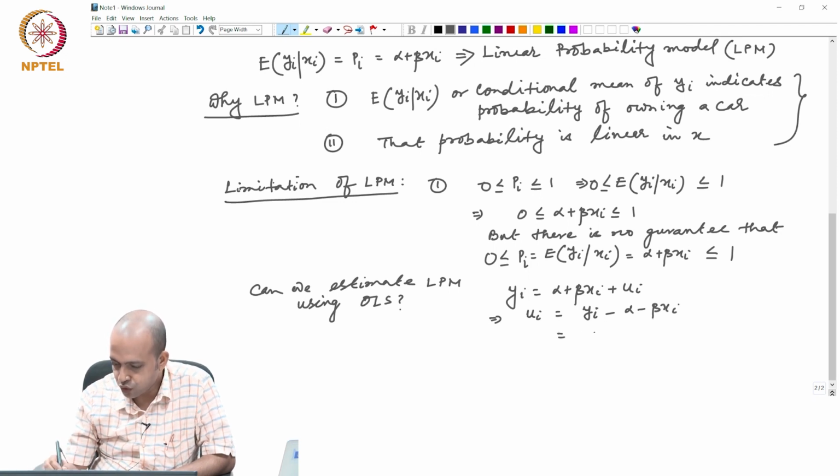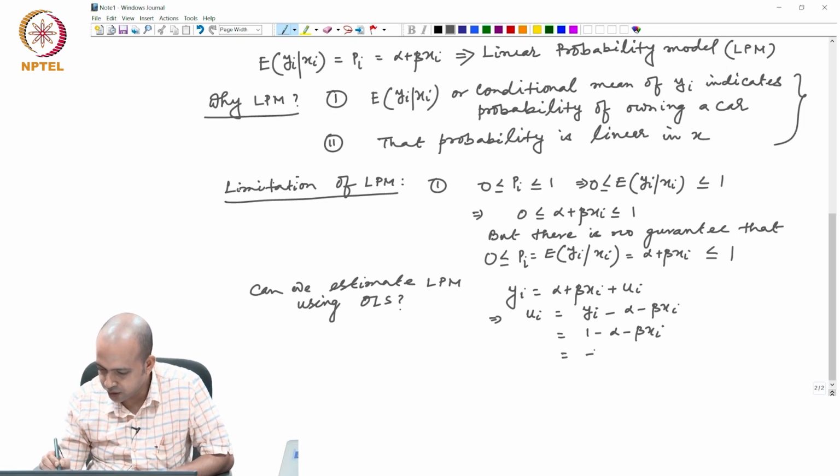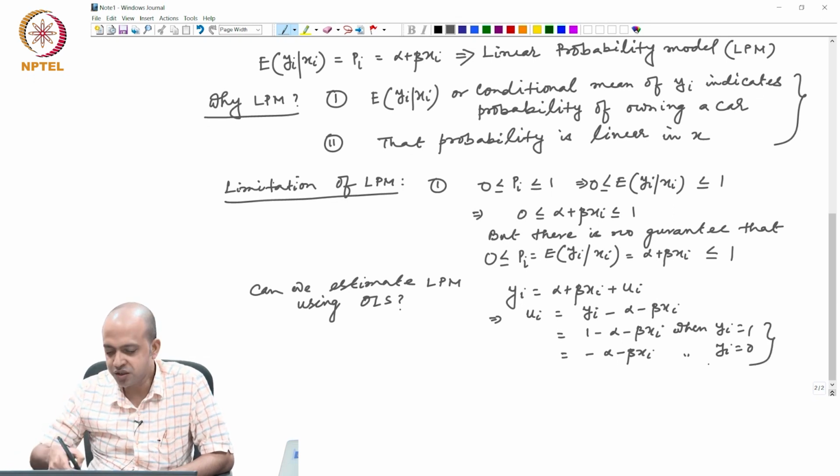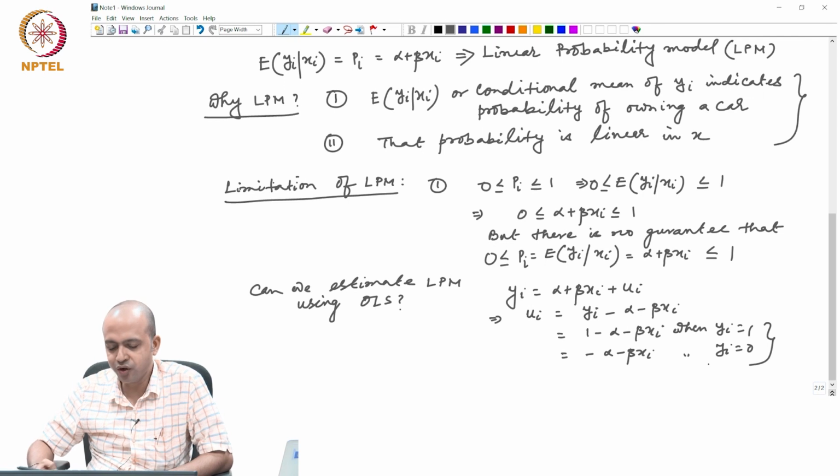That equals either 1 minus alpha minus beta xi when yi equals 1, or minus alpha minus beta xi when yi equals 0. So here ui can take only two values.